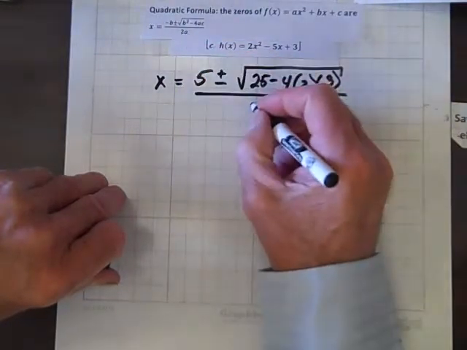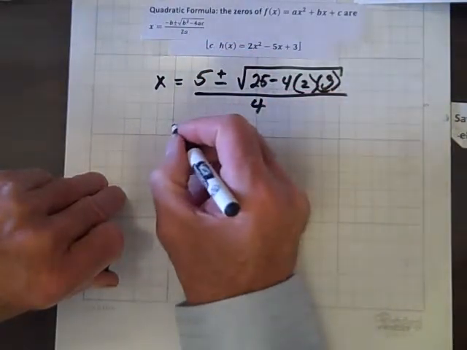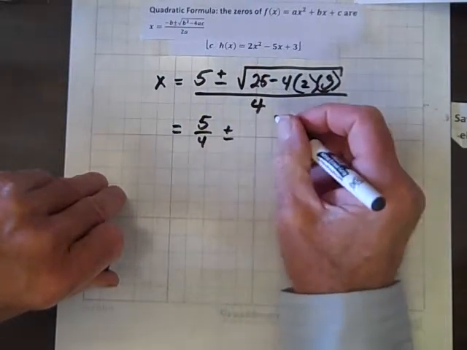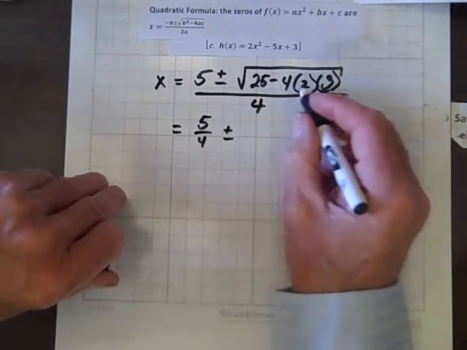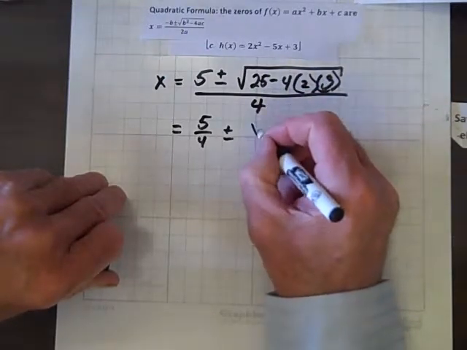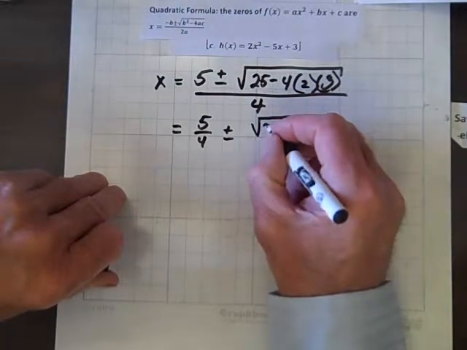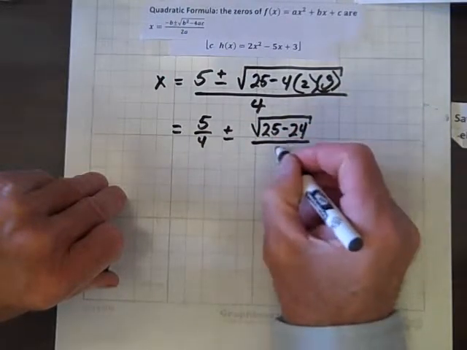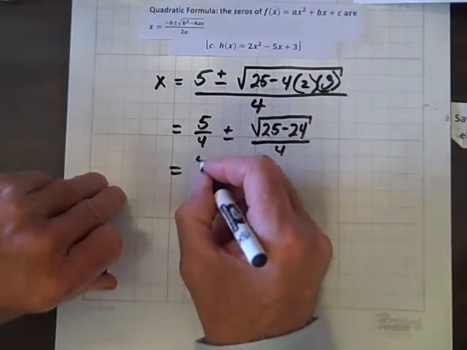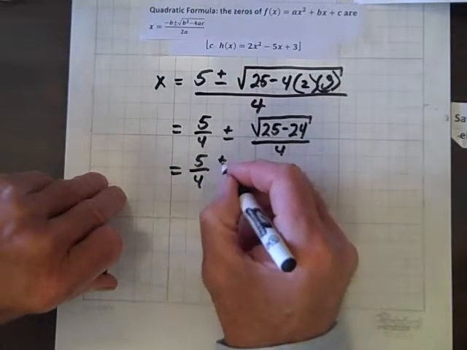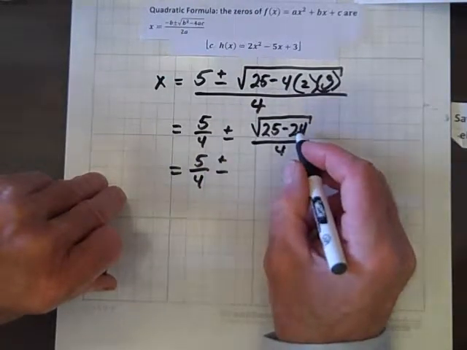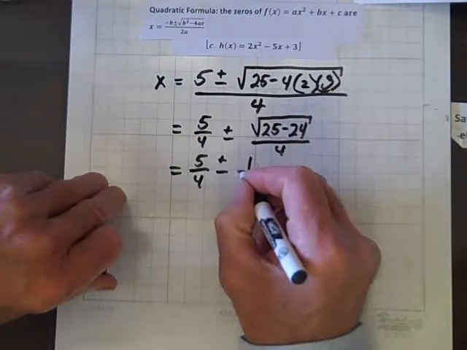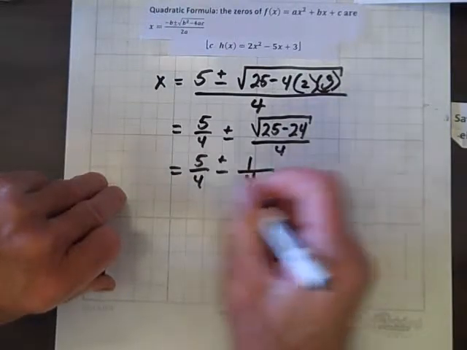Now a is 2, so 2 times 2 is 4. So that equals 5 over 4 plus or minus the square root of 25 minus 24, since 4 times 2 times 3 is 24, over 4. The difference of 25 and 24 is 1, and the square root of 1 is 1, over 4.